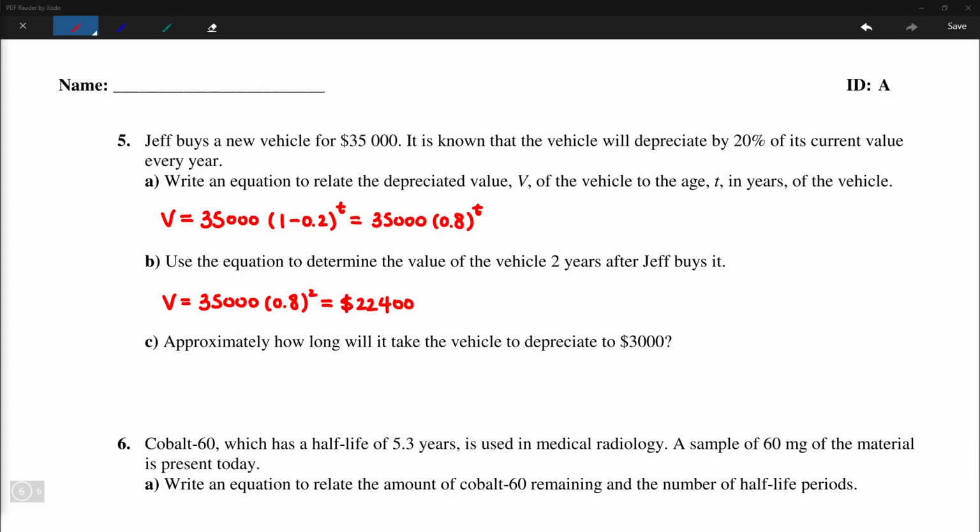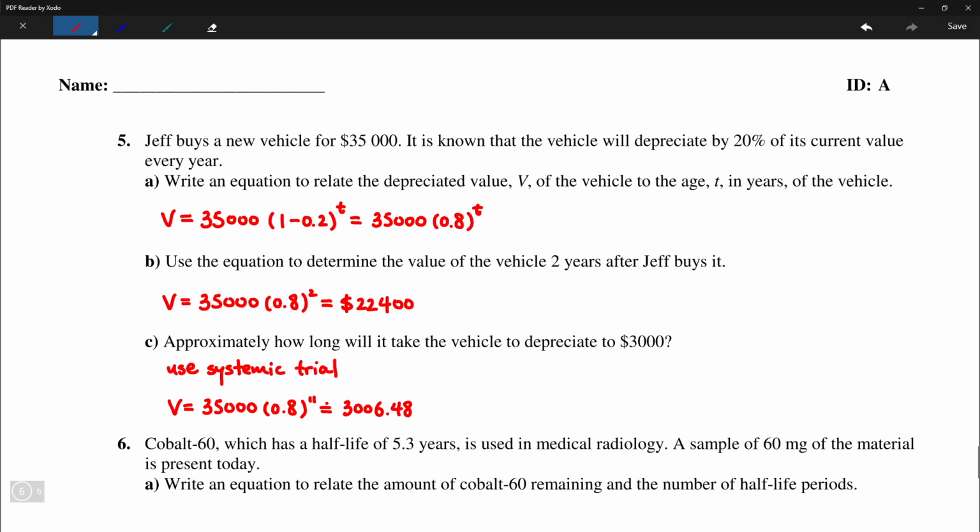And then for the next part, approximately how long will it take for the vehicle to depreciate to $3,000? So again, we're going to use systematic trials here, so a bit of trial and error. And we'll find that if we let t equal 11, we'll get a value of $3,006.48.